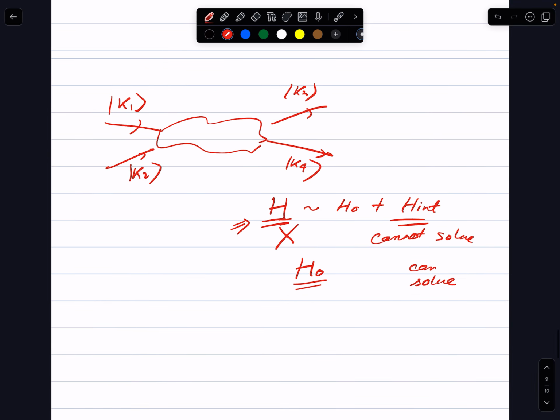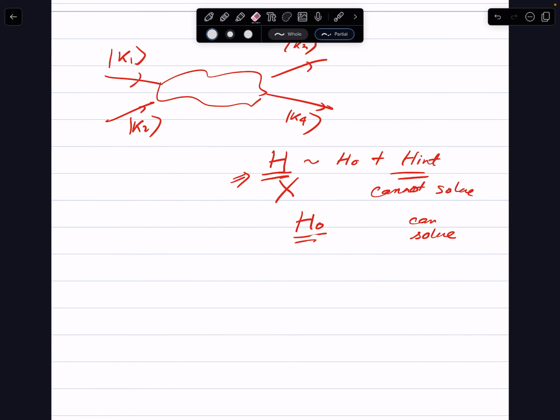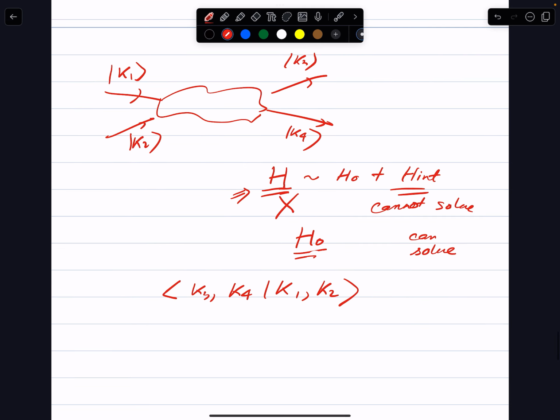It is enough to solve for the eigenstates of the free Hamiltonian, because the real particles in the real world, which are eigenstates of the full Hamiltonian, if I want to calculate something like k3, k4, what is the probability that I do this experiment start with k1, k2, which is, let me call them full, because they are eigenstates of the full Hamiltonian, k3, k4 full.